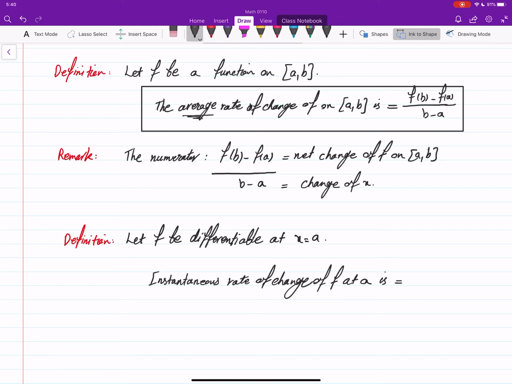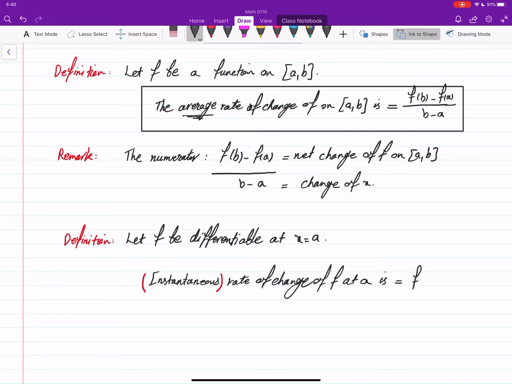So before it was the average rate of change on an interval. Here, the instantaneous rate of change at a point. And most of the time you will see me not saying the word instantaneous. If I don't include instantaneous, if I just say rate of change, it means instantaneous rate of change. What is this?